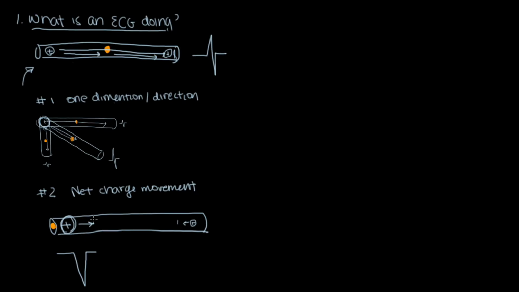If this charge were not in the picture and we were looking at just this small charge, it's moving towards the sensor, so it would look like that, with a smaller amplitude because of the smaller charge, and a larger amplitude because of the larger charge. So what happens if the large charge moves this way and the smaller charge moves that way at the same time? These two things will happen simultaneously.